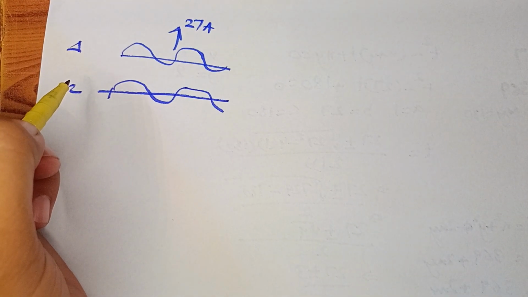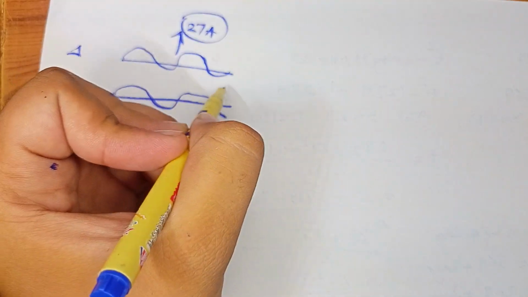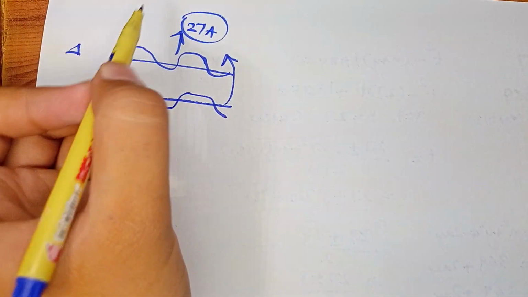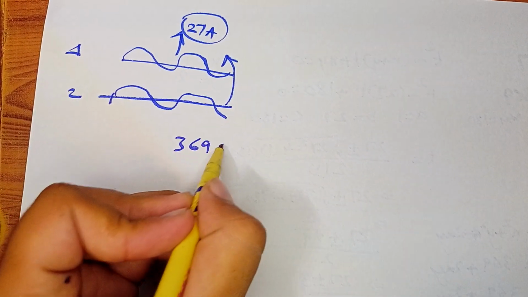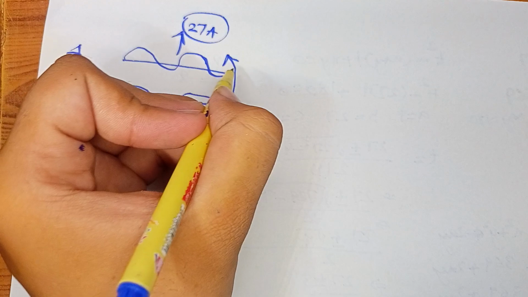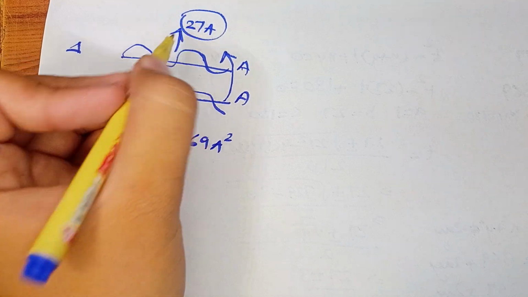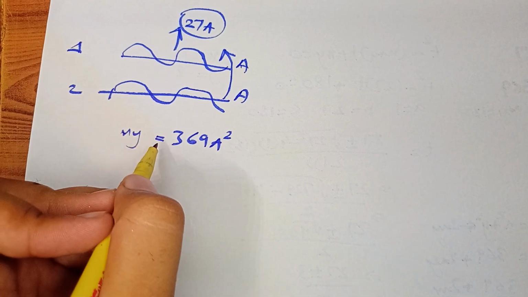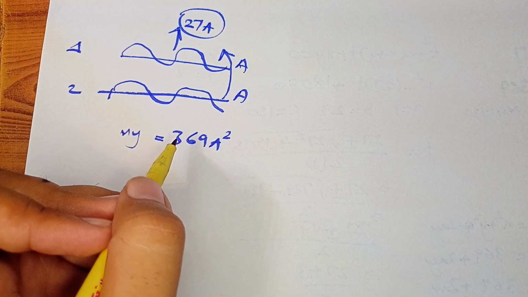The total current of both branches should be 27 ampere, and the sum of the squares of both branches is 369 ampere square, because both are in amperes, so a multiplied by a is a square. And when both branches are multiplied, xy should be 180.